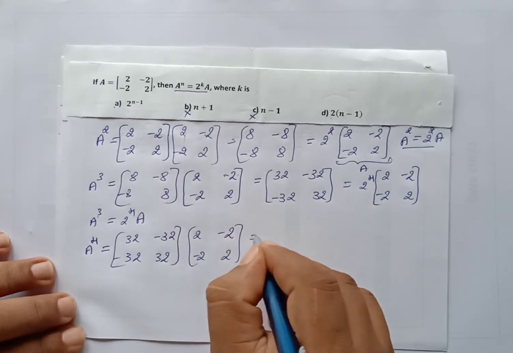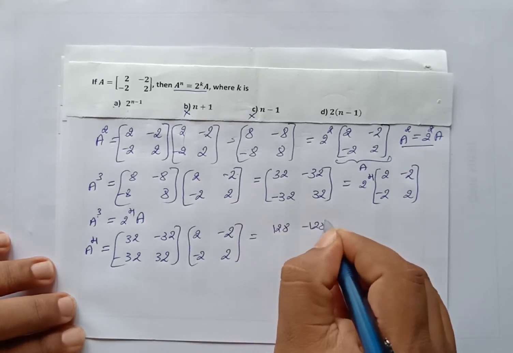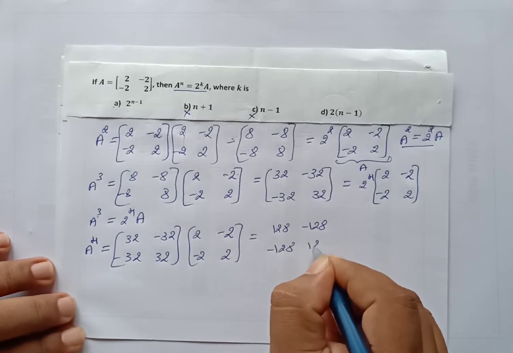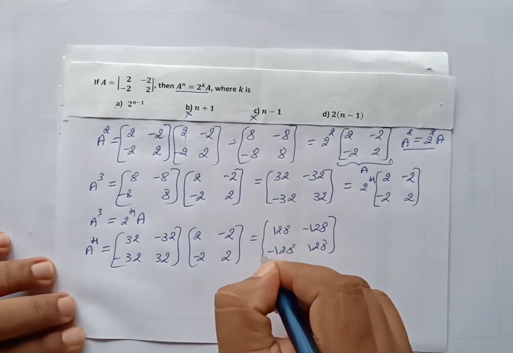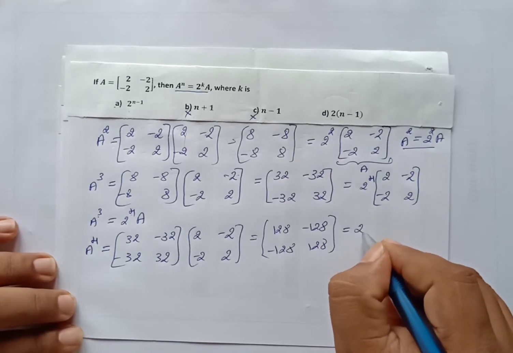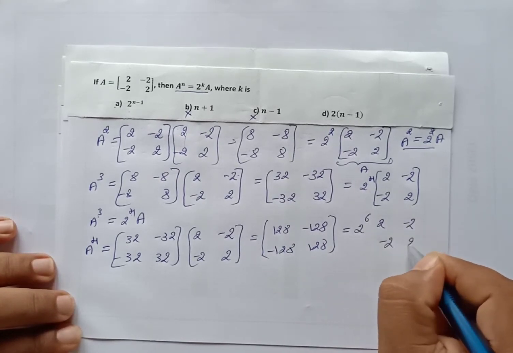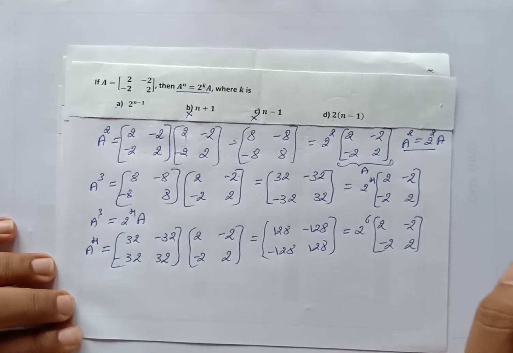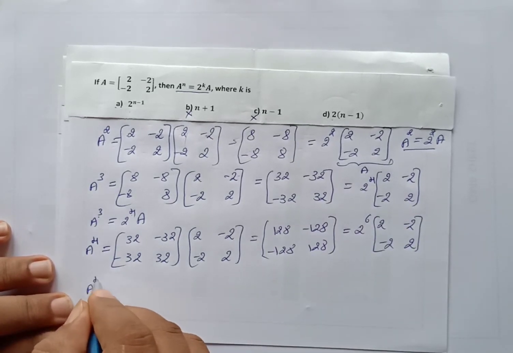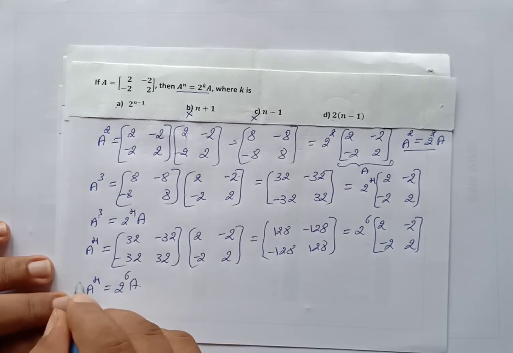Now if you multiply, just observe, 128, minus 128, minus 128, you are going to get 64. We can take it outside, that is nothing but 2 to the power 6 into 2 minus 2 minus 2 2. So now we can write A to the power 4 equal to 2 to the power 6 into A.